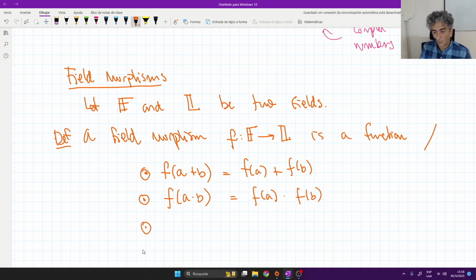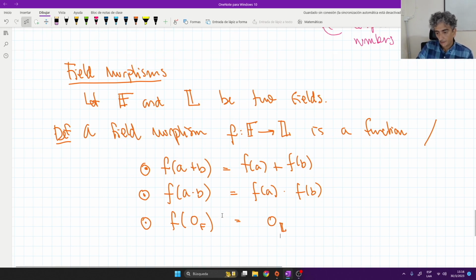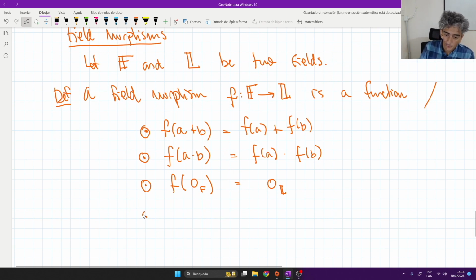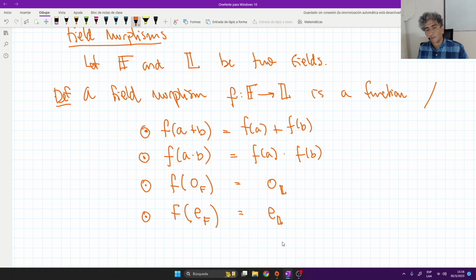And what we have is that we need to send the 0 element of F to the 0 element of L. Also, the neutral element of F for multiplication has to go to the neutral element of multiplication for L. So this is what we are asking when we're talking about field morphisms.